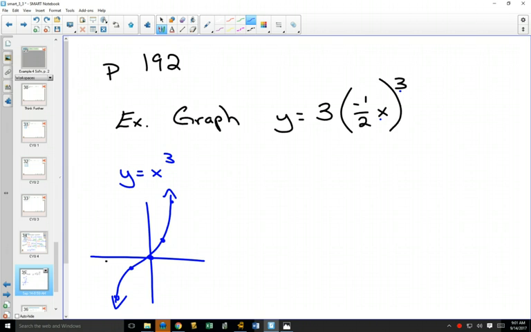Then you can look at the equation and say, well, what has changed? What's new? We've got a 3 out in front. What does that 3 do? Affect your x's or your y's? Y's. And we're going to multiply y by 3. So we would call that, we'll just use initials, vertical stretch.